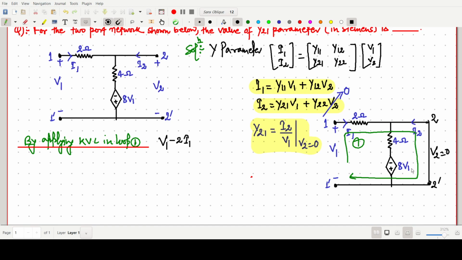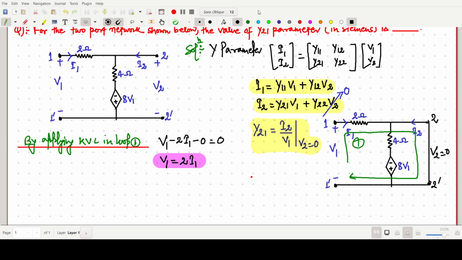V2 is 0, so one can also write 0, not an issue. Here we observed that V1 equals twice I1. So this is one observation: the voltage V1 equals twice I1.